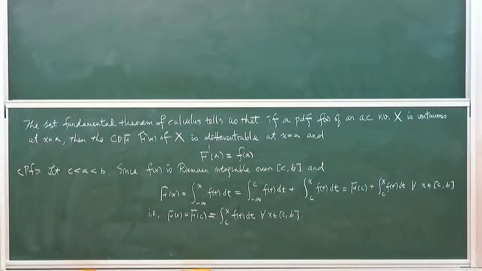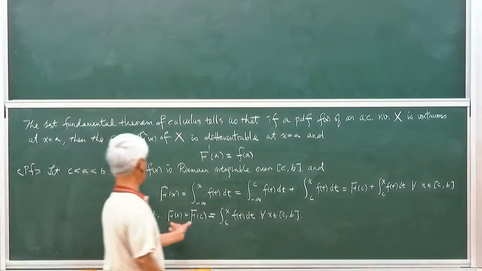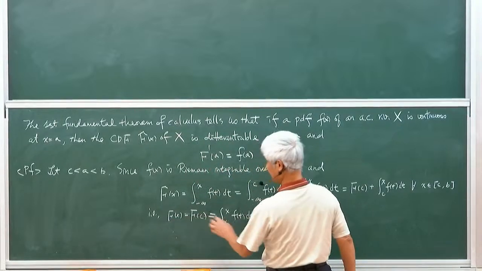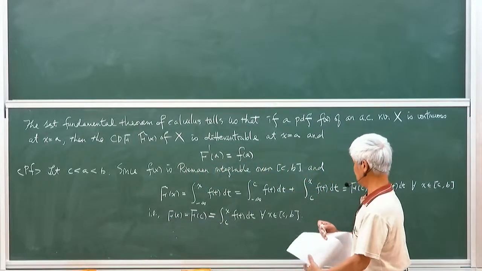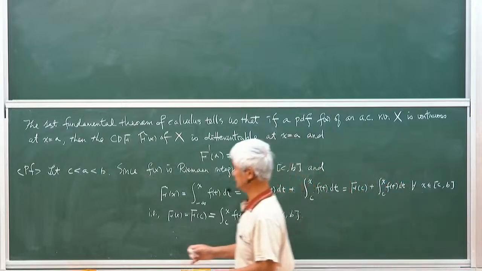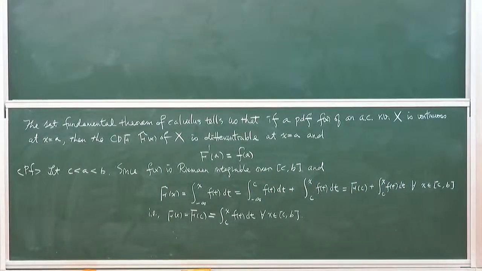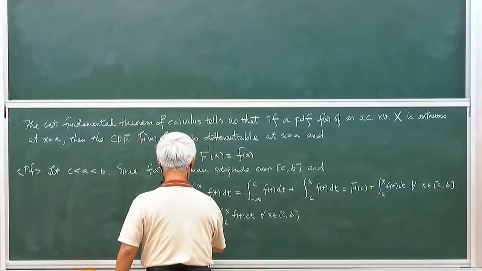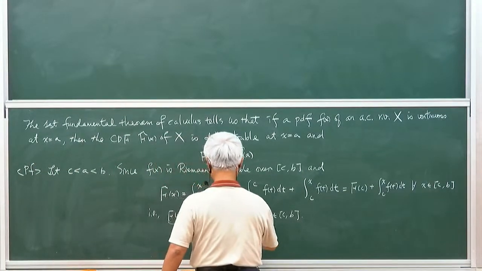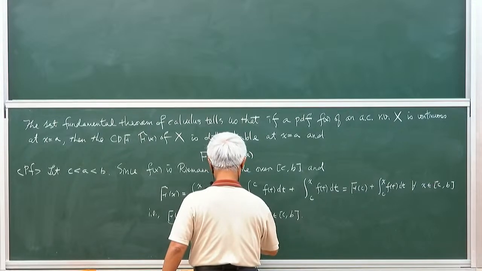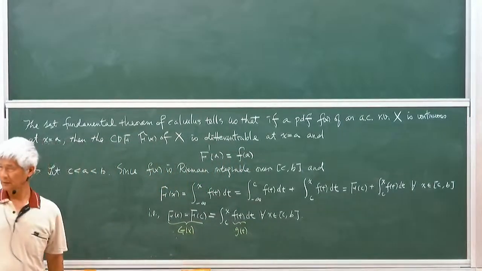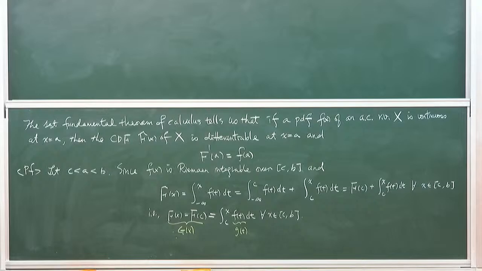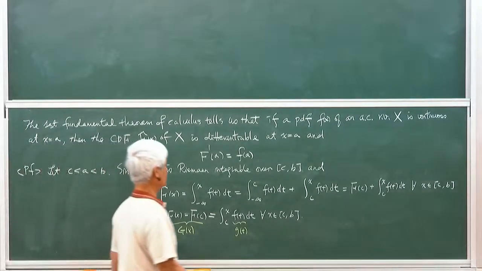And the big G here is just the difference, f of x minus f of c, right? So you can think about that. So this is our big G, and this is the G of t here, in the first fundamental theorem of calculus. Okay, all right.